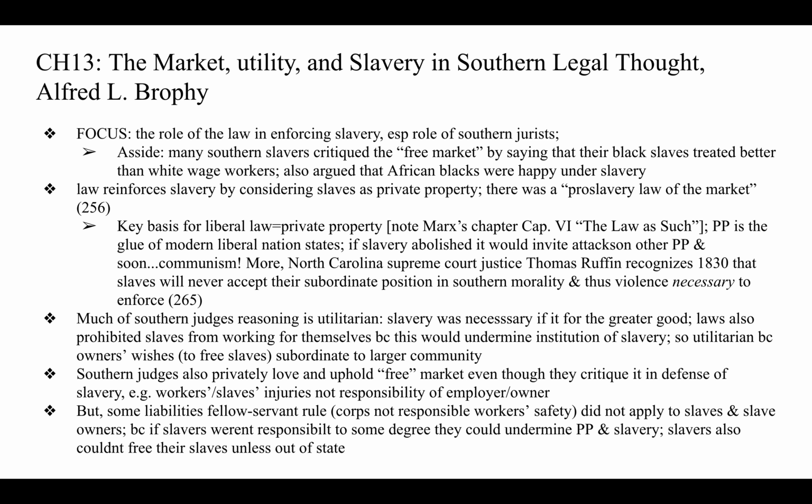But this didn't totally apply to slaves, because if owners arbitrarily punished or even beat their slaves to death, that could simultaneously impact the sanctity of private property. So there was this kind of inconsistency, I guess, and a balancing act that Southern jurists played within their own legal reasoning.